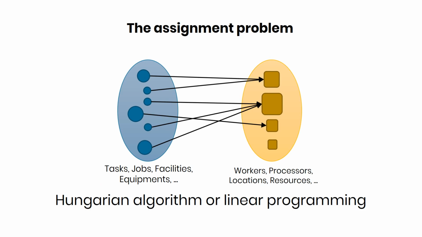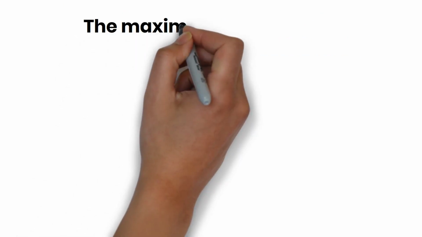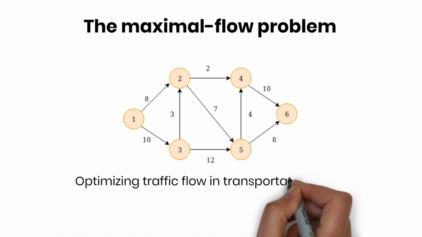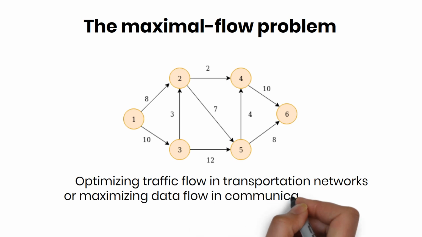cost or maximizes efficiency. The maximal flow problem seeks to determine the maximum flow of goods or information through a network from a source node to a sink node. This problem is crucial in various applications, such as optimizing traffic flow in transportation networks or maximizing data flow in communication networks.